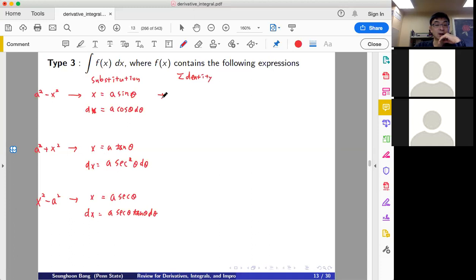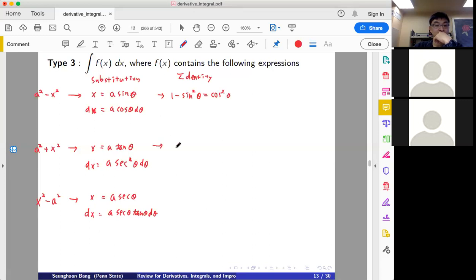What kind of identity do you need? Cosine square of theta is 1 minus sine square, so 1 minus sine square of theta is cosine square of theta. You can use it.